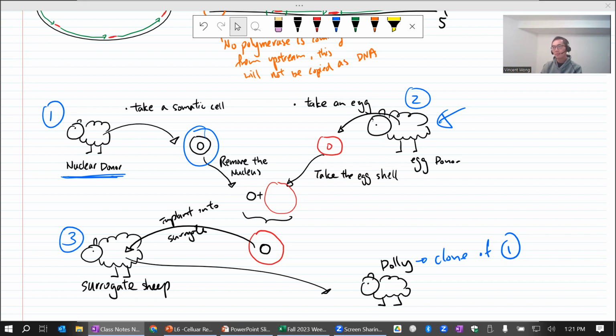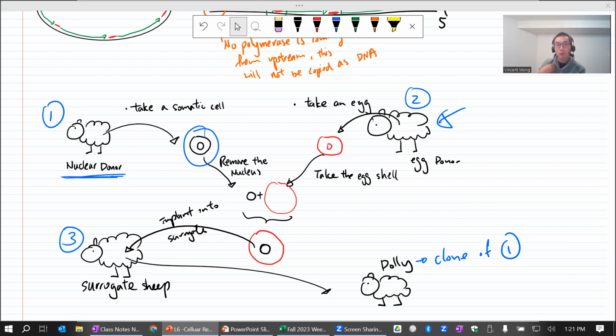Okay, I hope the rest of you are still with me and as excited as I am about this stuff, because it's really cool and really interesting. Of course, there are obviously a lot of ethical issues surrounding cloning, but it doesn't always have to mean cloning a whole person.